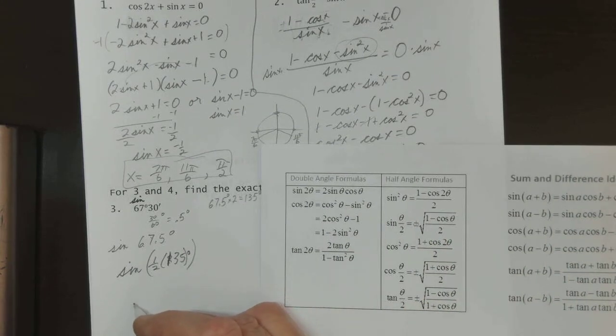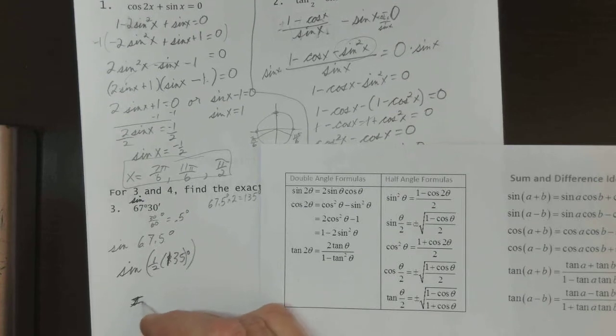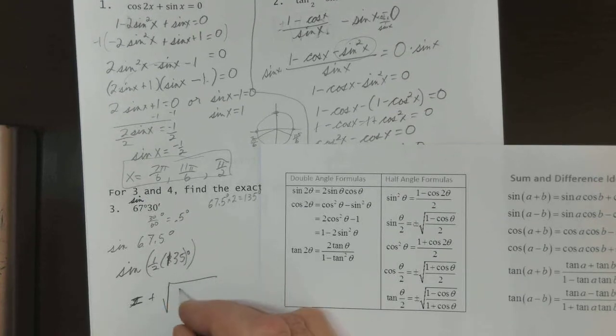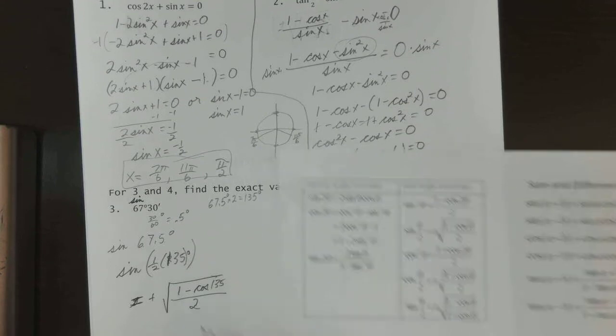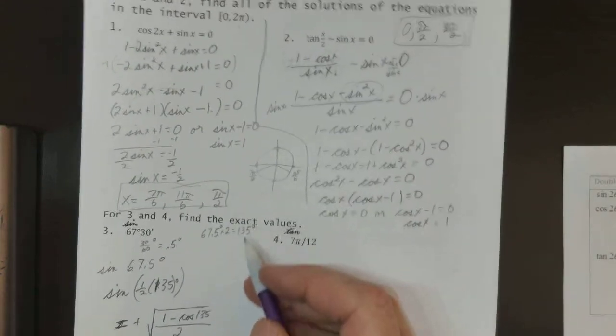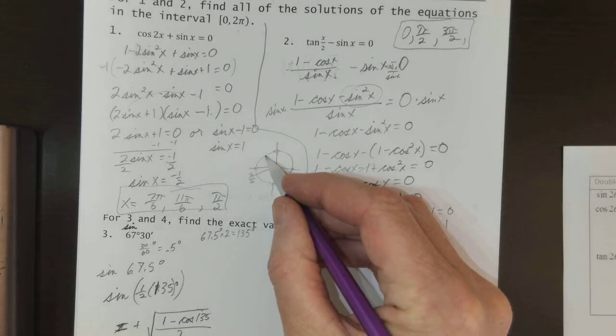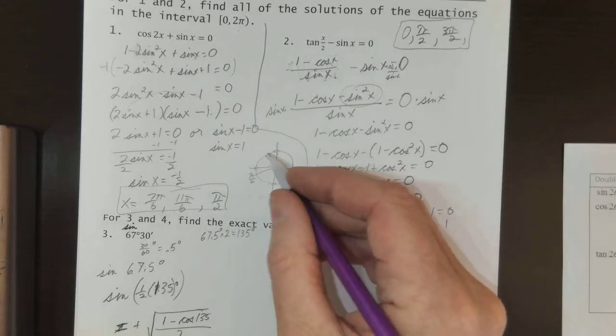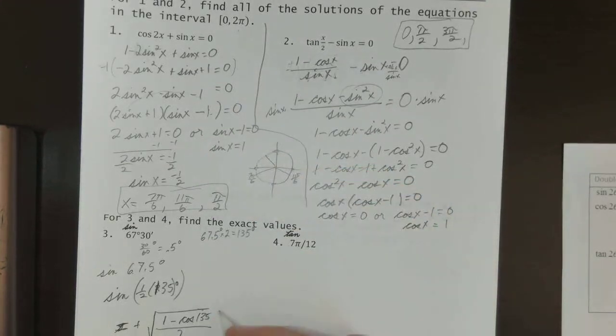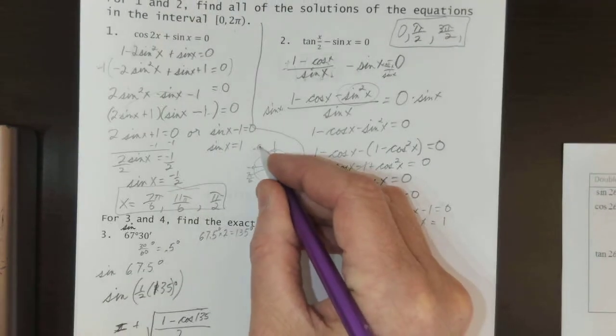That will equal positive square root of 1 minus cosine of 135 over 2. Okay, now cosine of 135, there's 90 and 45. That's this one right here. Cosine over here is negative, so that's negative square root of 2 over 2.